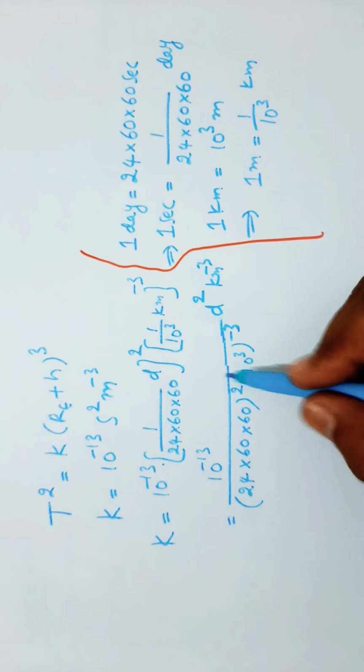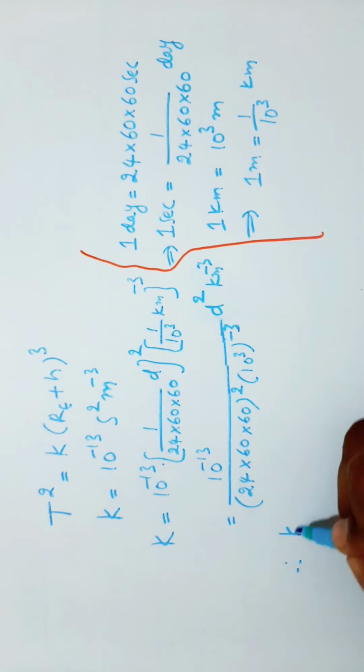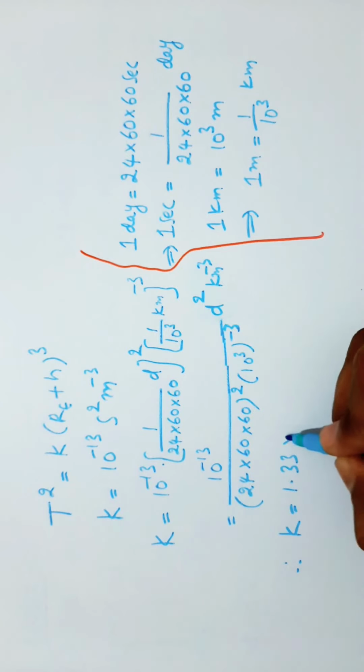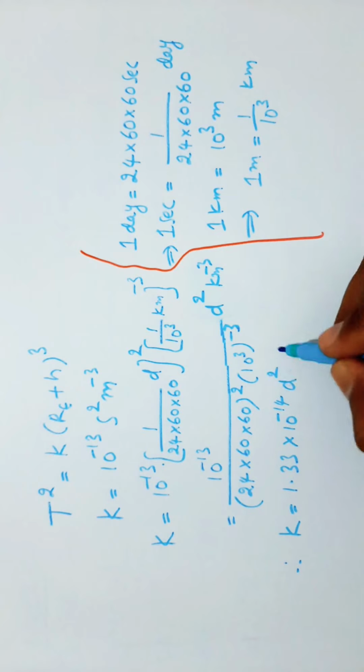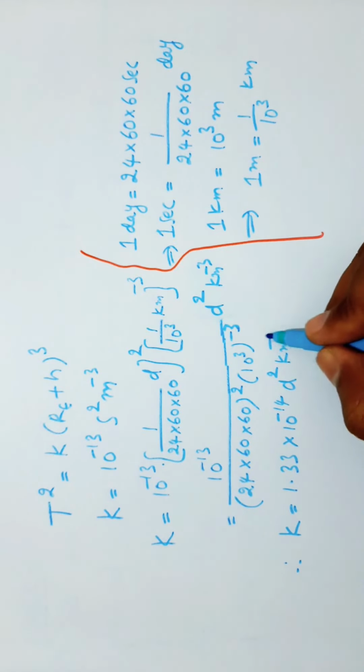So if we simplify this, we can get k is equal 1.33 into 10 to the power of minus 14 day square per kilometer cube.